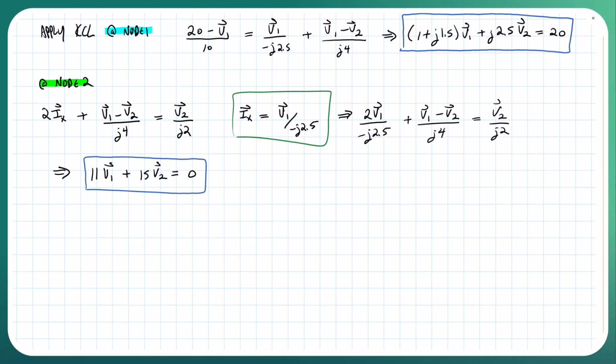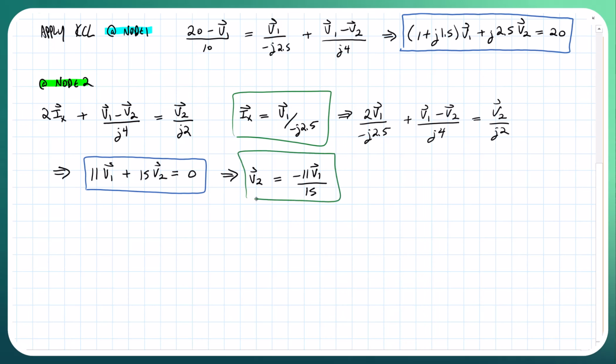So let's go ahead and combine the two equations we came up with. Let's say I'm going to rewrite this guy in terms of V2. It's going to give us minus 11 V1 over 15, and I'm going to substitute this equation into here.